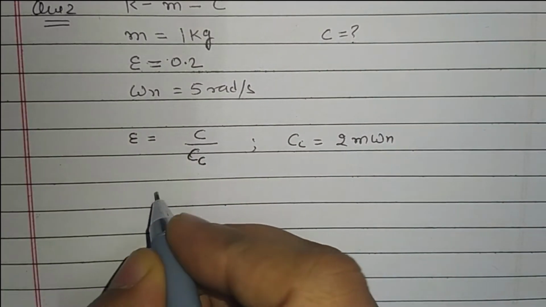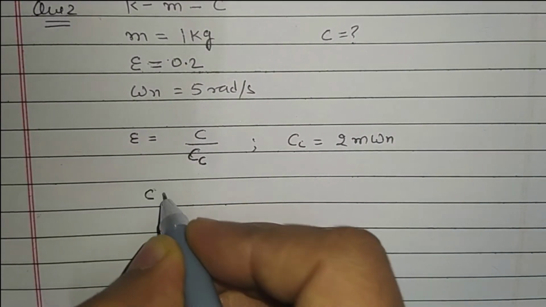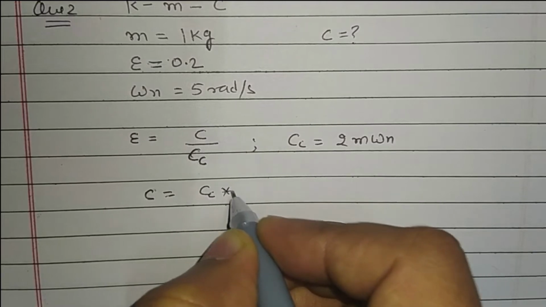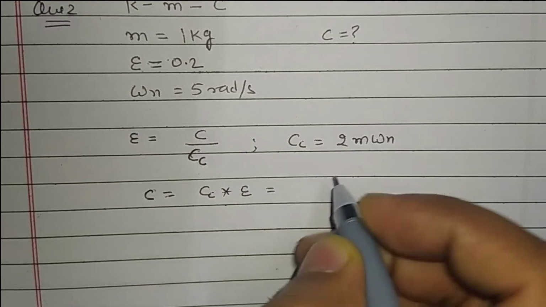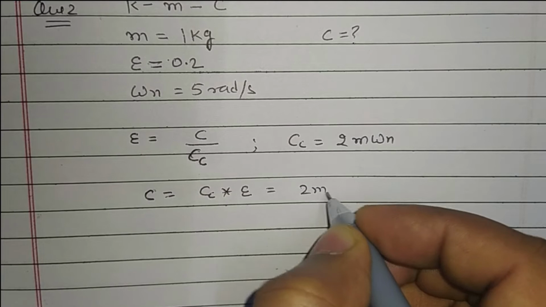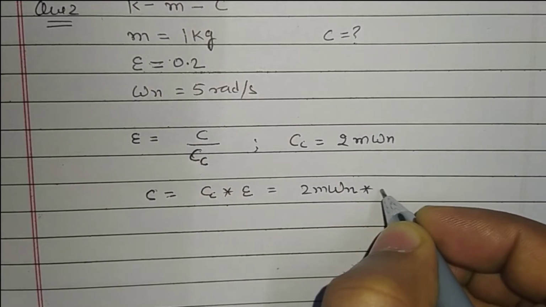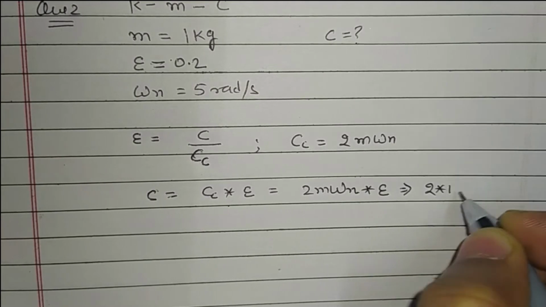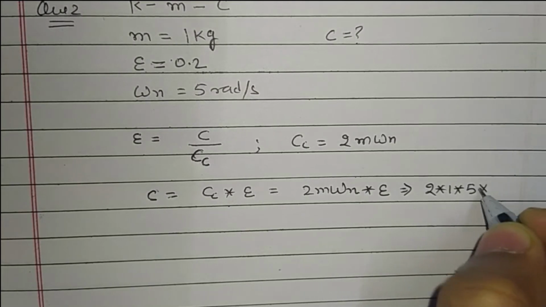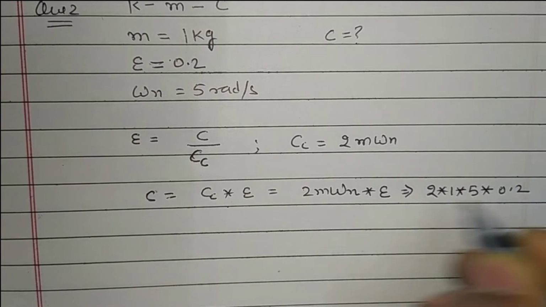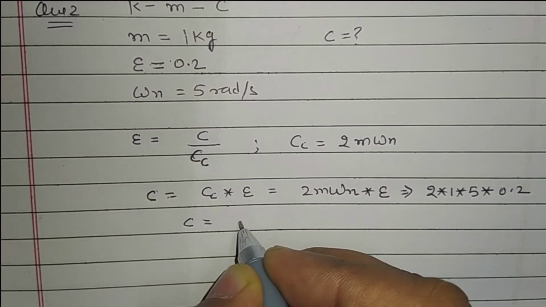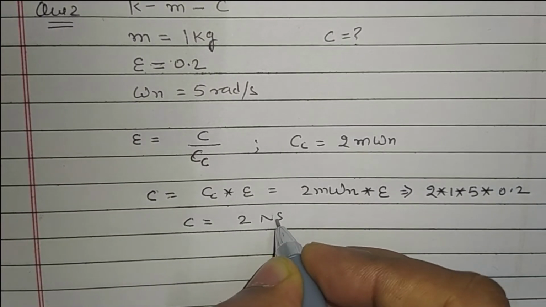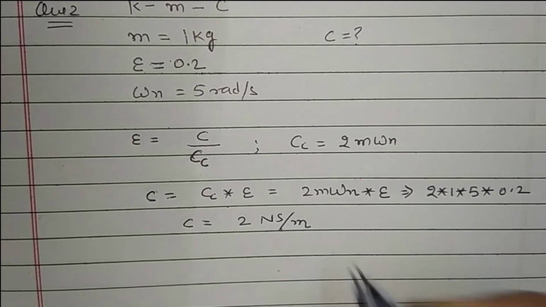So we can easily find the value of C. C equals Cc multiplied by ε, which is 2m omega n multiplied by ε, which is 2 into 1, omega n is given 5, and 0.2. We will get the answer 2 Newton second per meter.